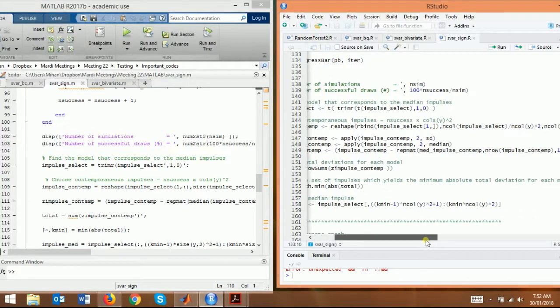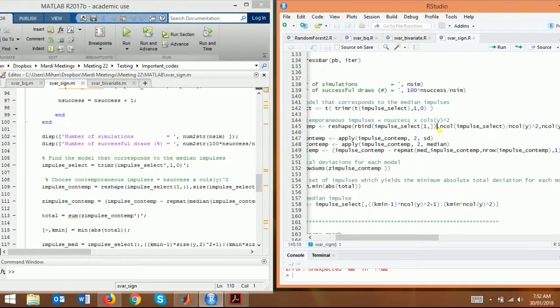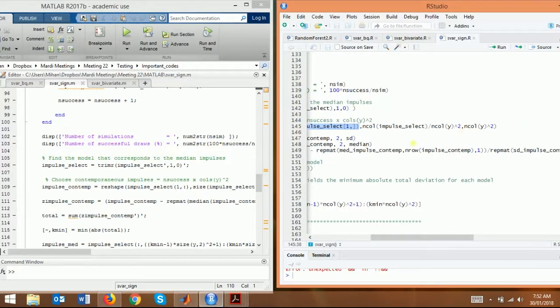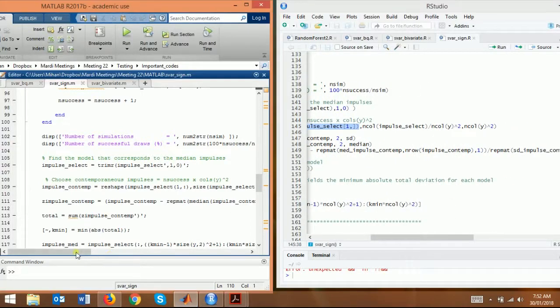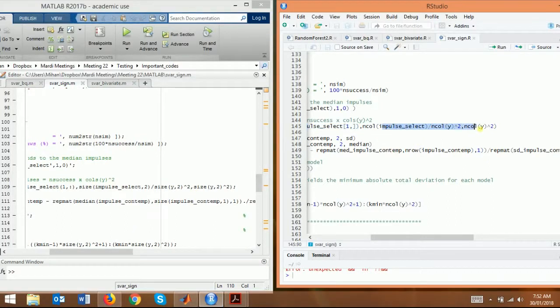Median. So taking impulses. So first we're reshaping this, first row, all columns, to number of columns.